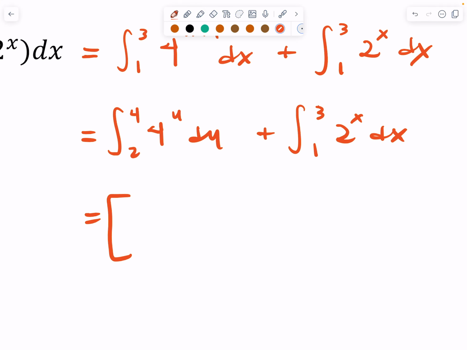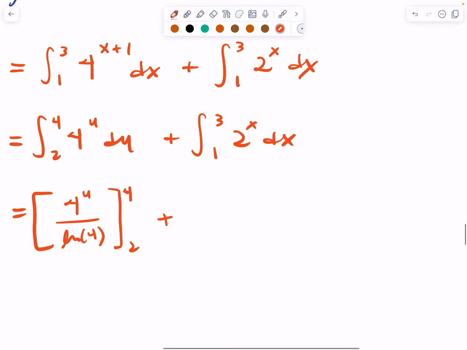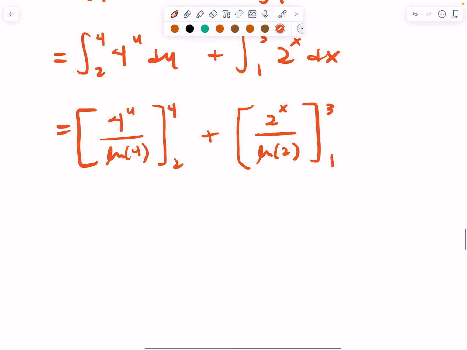So the integral of 4 to the u would be 4 to the u over ln of 4. And because I found the new limits of integration, I don't have to think about substituting the x plus 1 back in. And then the integral of 2 to the x would be 2 to the x over ln of 2, with the other limits of integration.